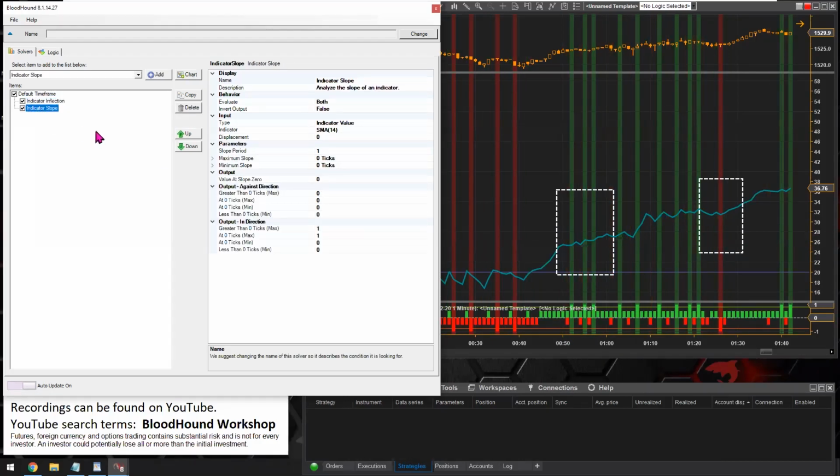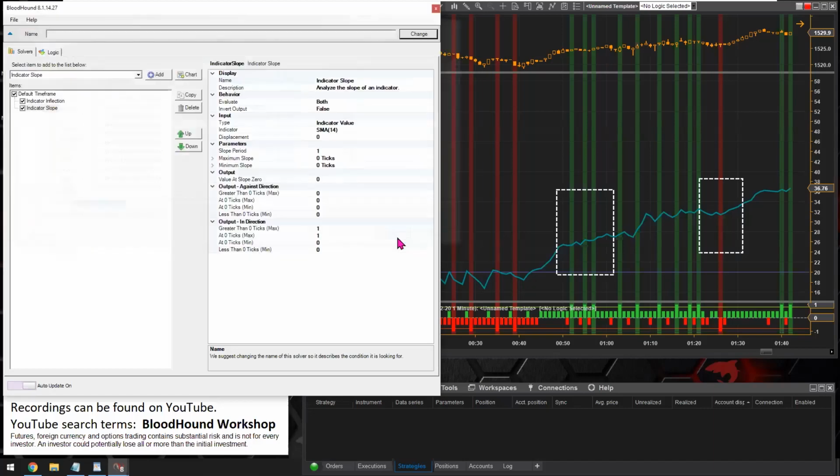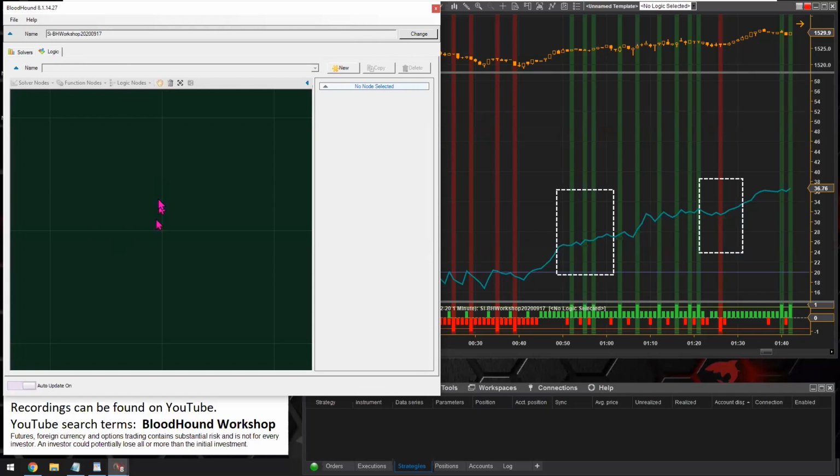Before I get started, the first thing that we need to do is create a file name for today's workshop. We can see that the file name up top here is blank, so let's hit the change button. File name, and I'll put in today's date, the 17th already. Next, let's start working on the logic board.